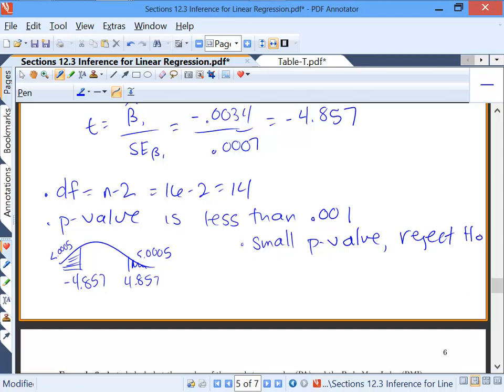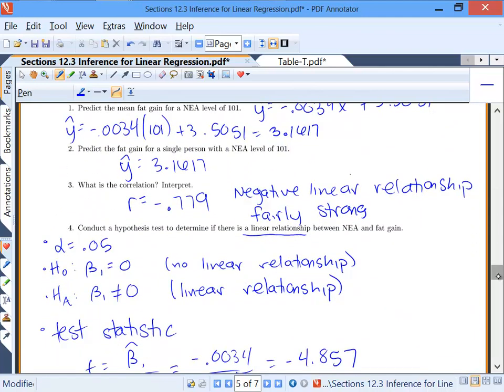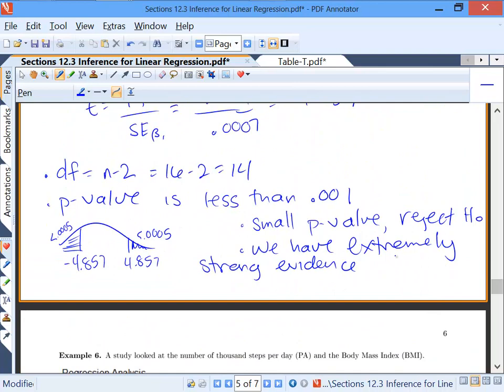Reject the null hypothesis, which means that we have, this is less than 0.01, that's extremely strong evidence that what? My slope is not equal to 0, or that I have a linear relationship. So we have extremely strong evidence that there is a linear relationship.